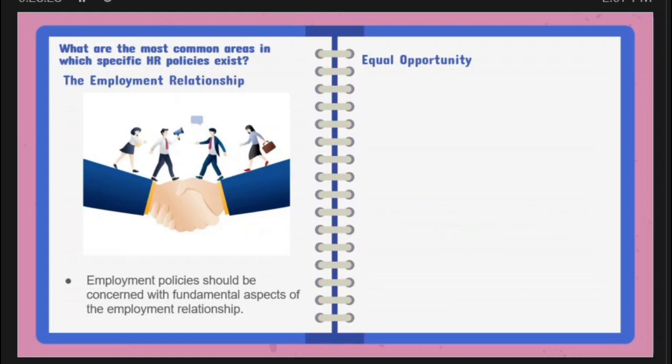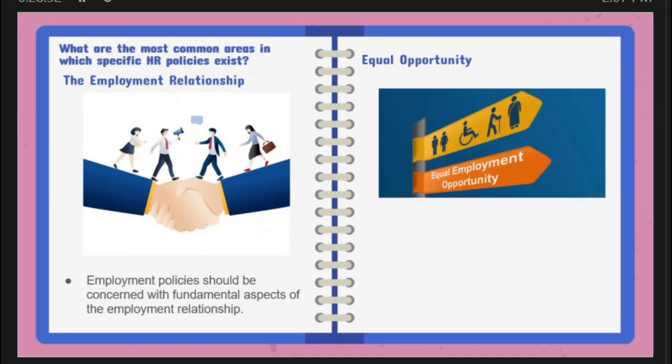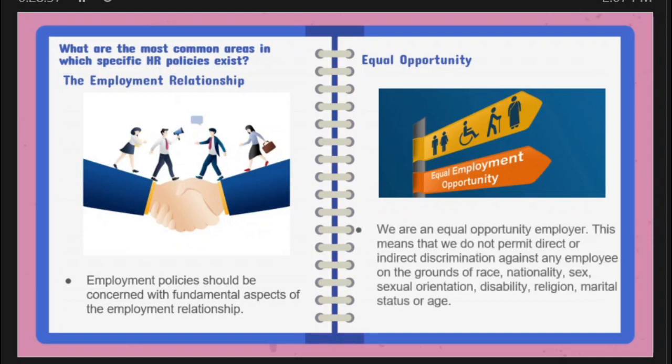And then you have the equal opportunity. The equal opportunity policy should spell out the organization's determination to give equal opportunities to all, irrespective of sex, sexual orientation, race, creed, disability, age, or marital status.